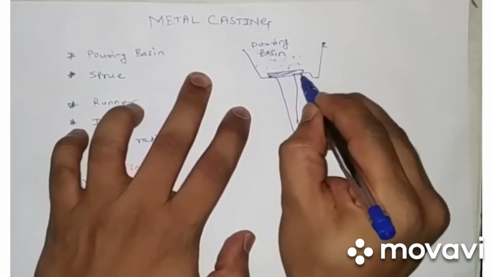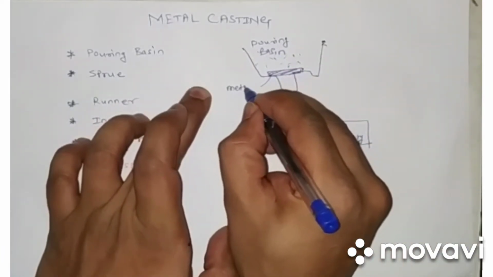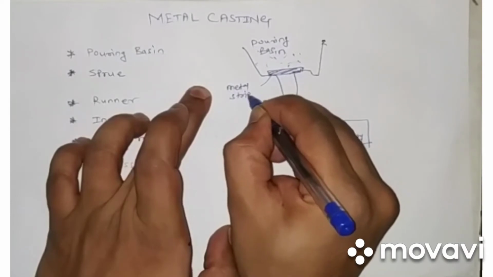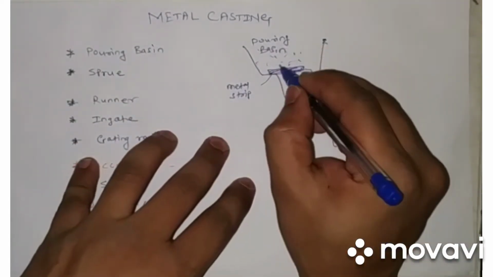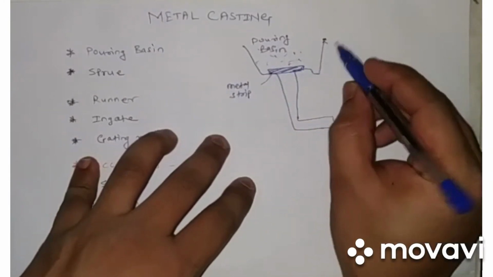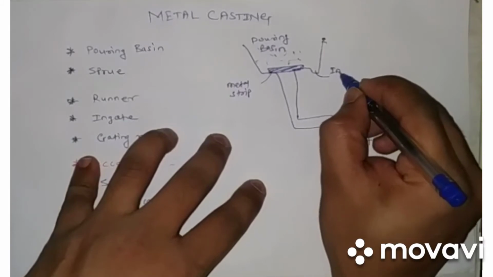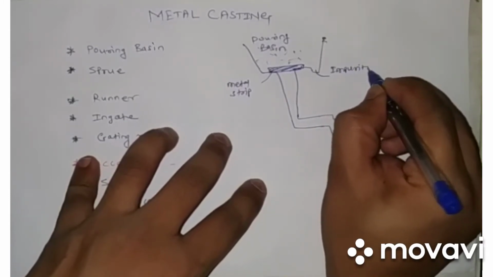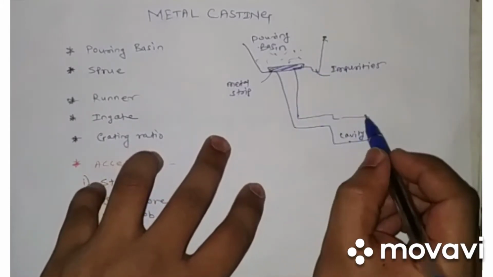Now we have a small metal strip which is made up of the same material as that of the casting. So we place it here and we fill the molten material here, and this cavity is provided to hold impurities, so that the heavy impurities get accumulated here and will not go into the cavity.